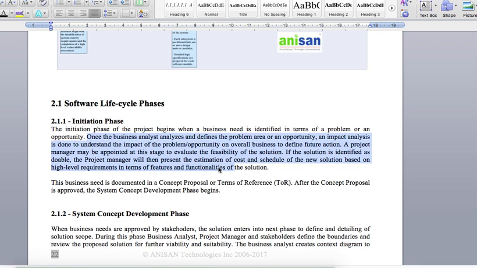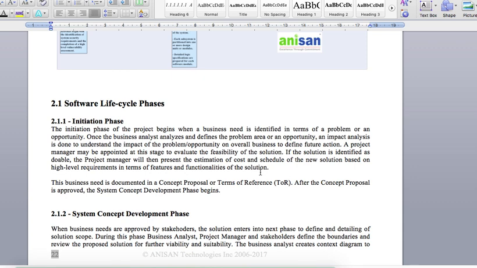Okay, of the new solution based on high level requirements in terms of the features and functionality of the solution. So here at the high level we have defined the solution, what it will look like, and the high level features or functionalities are specified. Again, when we are talking about the high level features and functionalities, we still need to do a lot of analysis to capture the detail level requirements, and that will be done only during the elicitation stage.